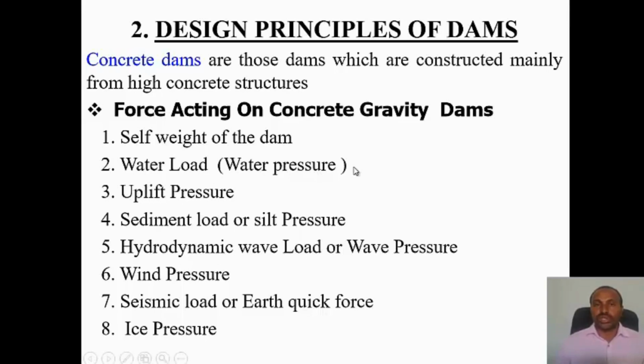That includes hydrostatic pressure, uplift pressure, sediment load or silt pressure, hydrodynamic wave load or wave pressure, wind pressure, seismic load or earthquake force, and ice pressure. These are the main forces acting on concrete gravity dams. From these forces, you may have resisting forces and also driving forces. We will see the detail.